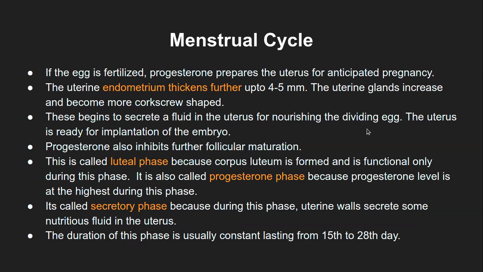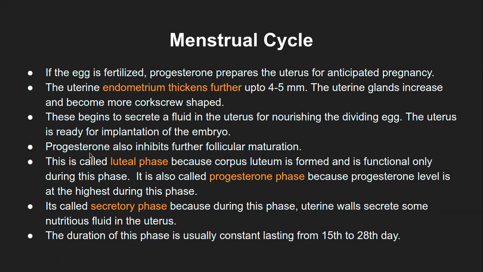Dividing egg as in the zygote, which is undergoing the mitosis process. The uterus is ready for implantation of the embryo. Because of the thickened endometrium, along with all those uterine glands plus the nourishing fluid, the uterus is completely ready for implantation. Implantation is nothing but attachment of the embryo to the uterine walls or the endometrial wall.